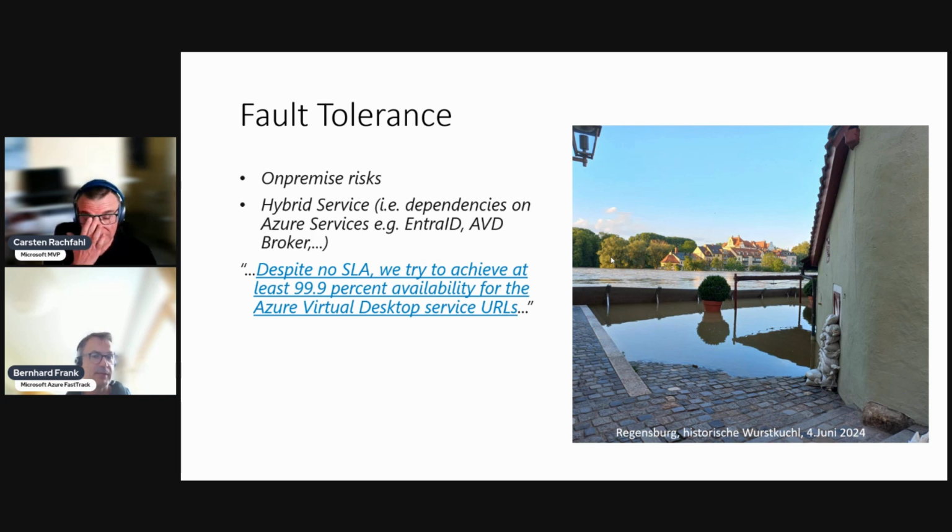Regarding the broker or the virtual desktop services, as far as it is officially documented, we are trying to achieve 99.9% availability for these URLs. So you need to think about it or at least be aware of it.